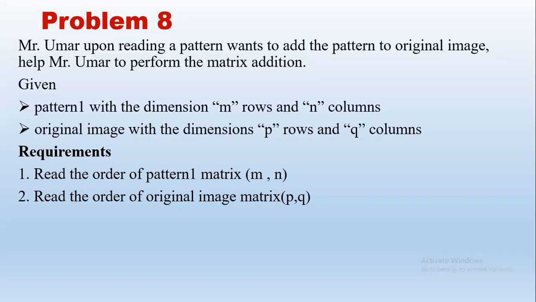What is the prerequisite for addition of matrix? Can we simply add with any number of rows and any number of columns? No, we cannot simply add. We have to check some conditions, right?